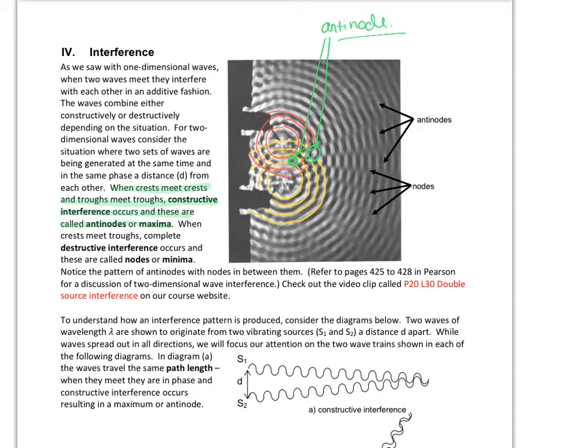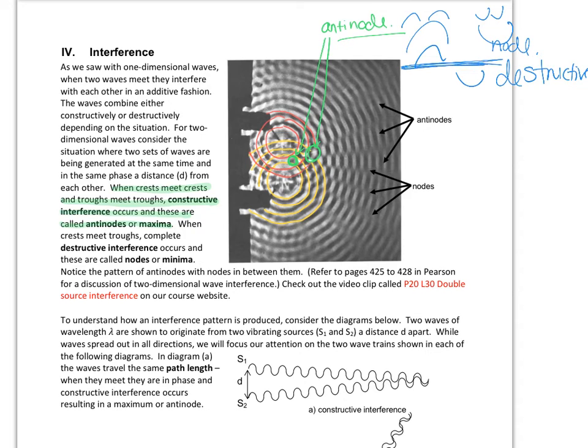All right, where a crest meets a trough, this is where we get destructive interference. So we have a crest and a trough coming together, and that's where we get our destructive interference, and that will be our node. Our antinode, remember, is a crest and a crest, or a trough and a trough, becoming larger.